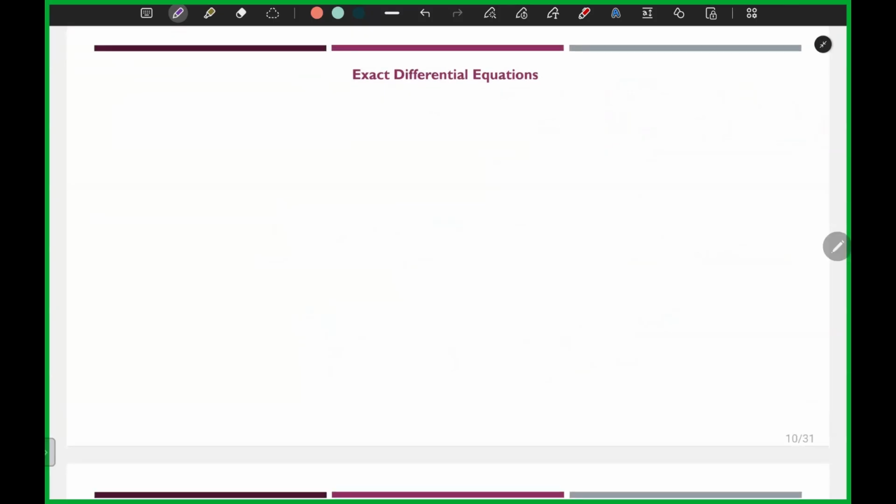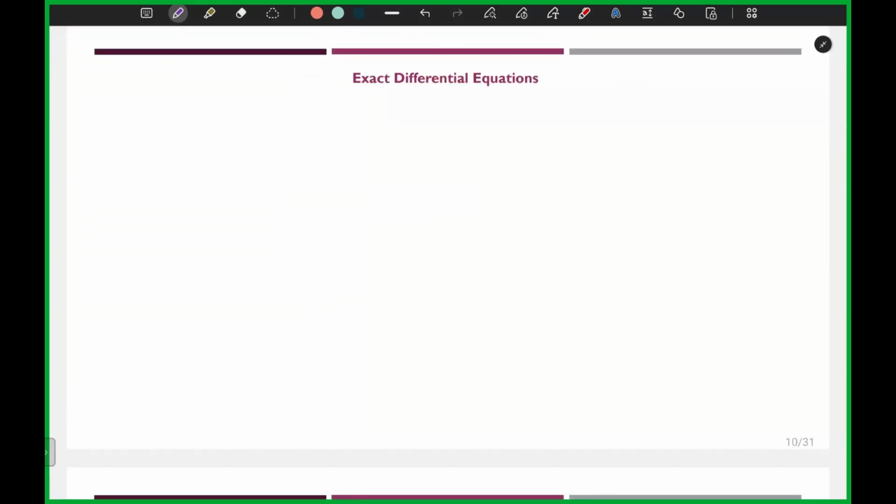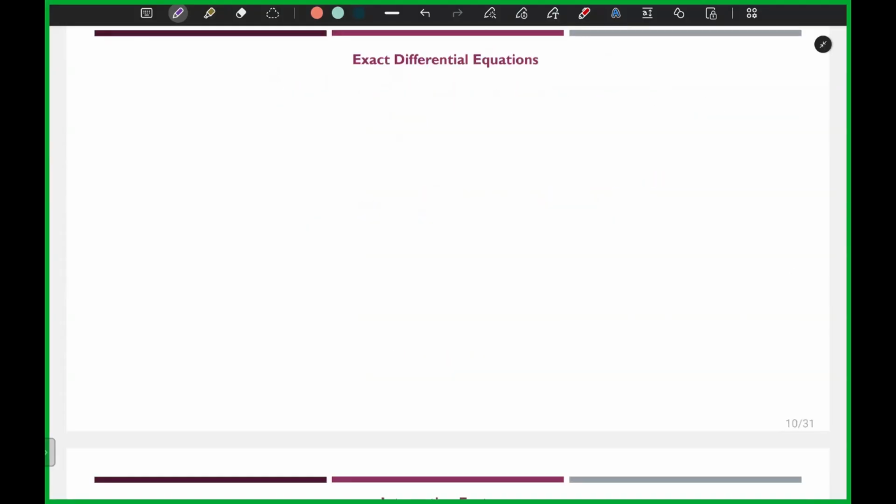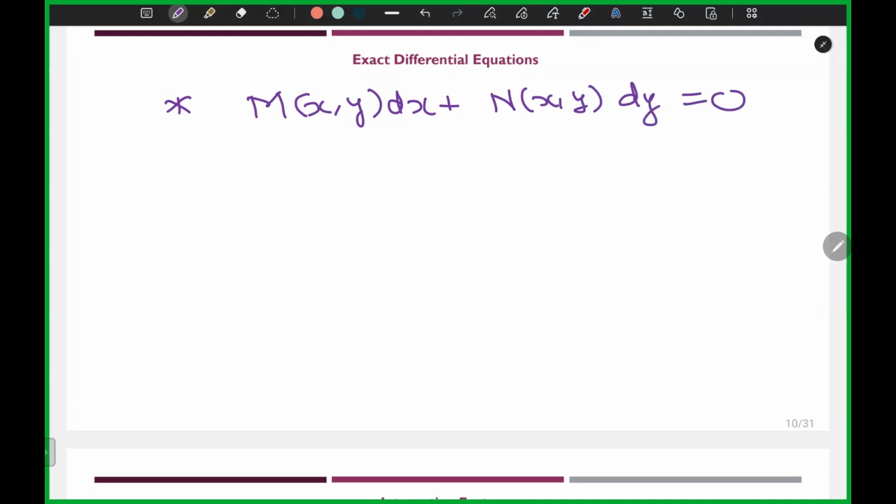So can you tell me what is an exact differential equation? Okay, no issue, I'll tell you. When we have a differential equation of this type, we say this equation is exact when the partial derivative of M with respect to y, del M del y, is equal to del N del x.